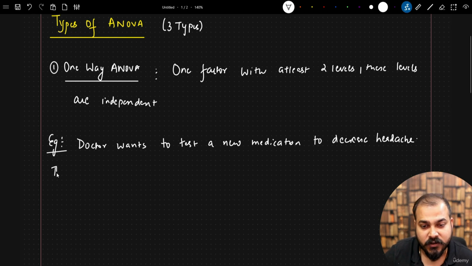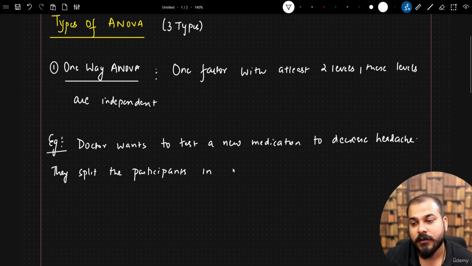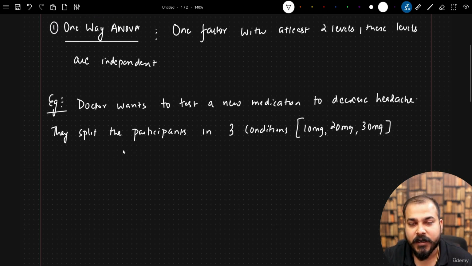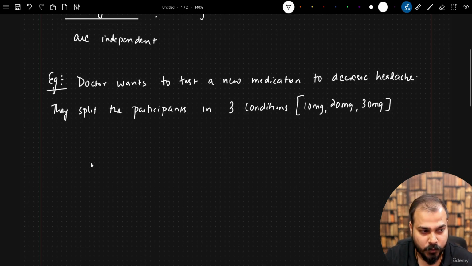So what they do, they split the participants in 3 conditions, or 3 groups. One is with 10 mg of dosage, one is with 20 mg of dosage, and one is with 30 mg of dosage. So it is definitely a new medication, but with this many dosages.